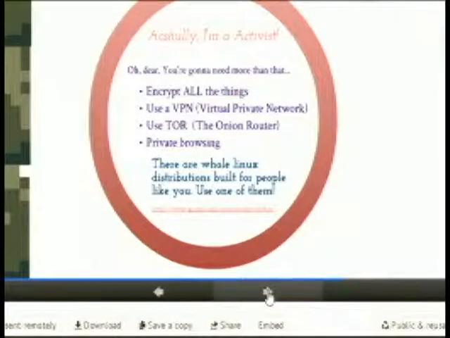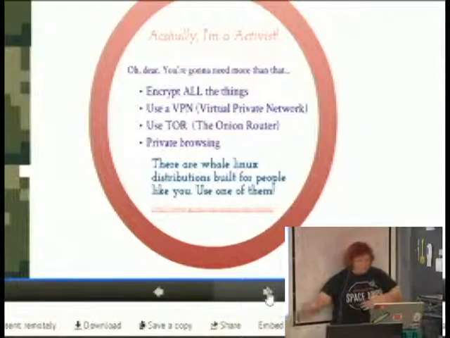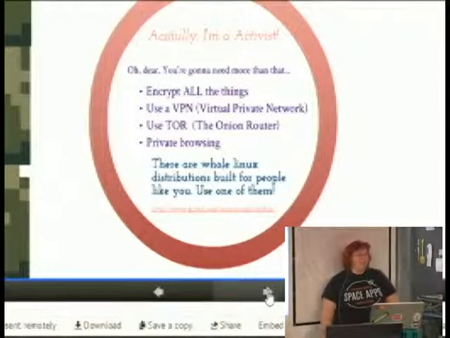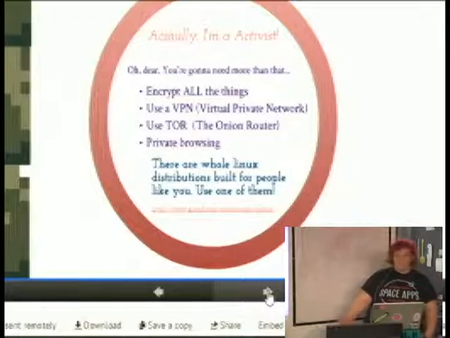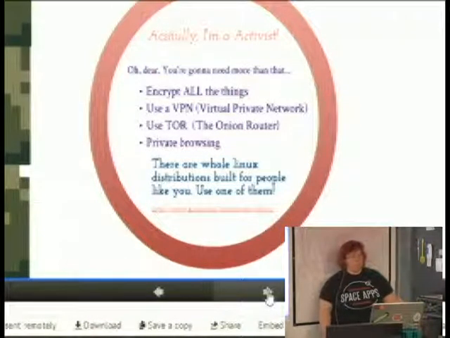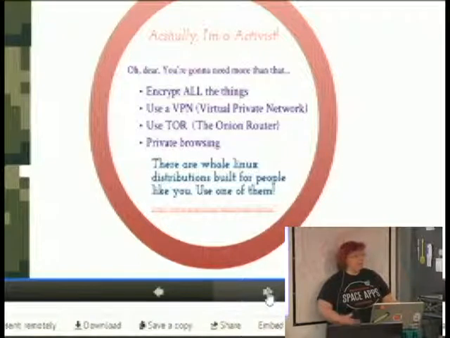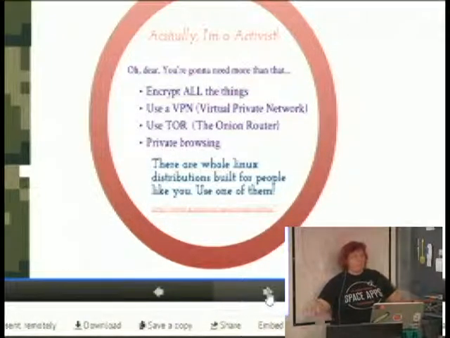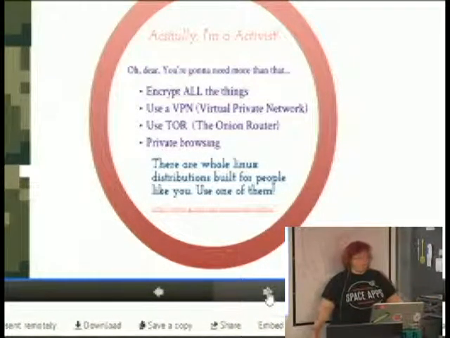Okay, so I just want to take another step and say, if you're a serious activist, or if you're, say, working in the financial industry, or even a lawyer, everything that we've said up until now is sort of a basic level. You want to ramp all of that up.